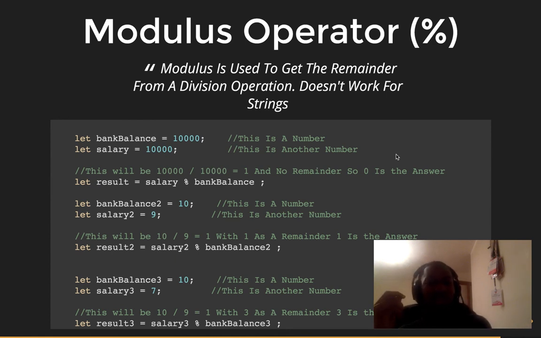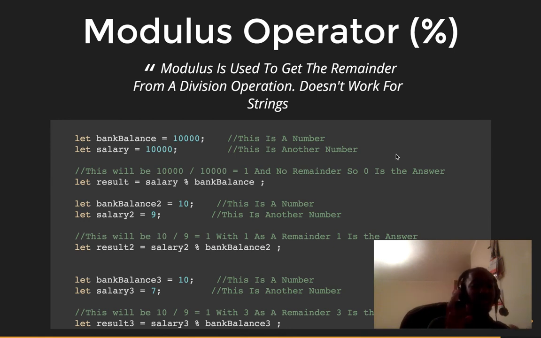What the modulus operator does is it gets you the remainder of a mathematical operation. If I say 5 divided by 2, I have 5 cars and I have 2 people, and I want to divide them. Each of those 2 people would probably get 2 cars, but there will be 1 car left that they cannot share, except if they want to destroy the car, which doesn't make sense.